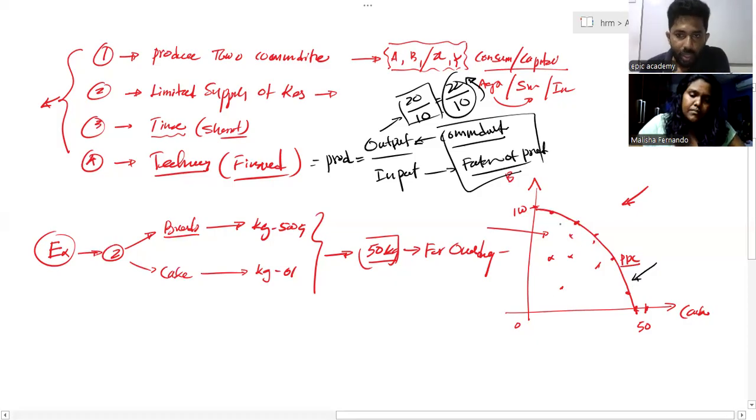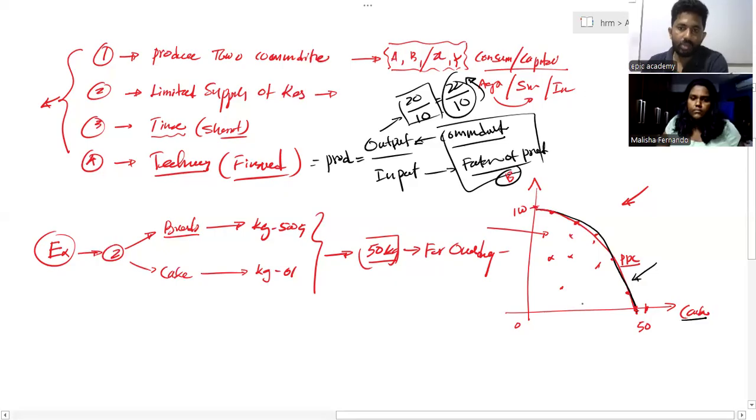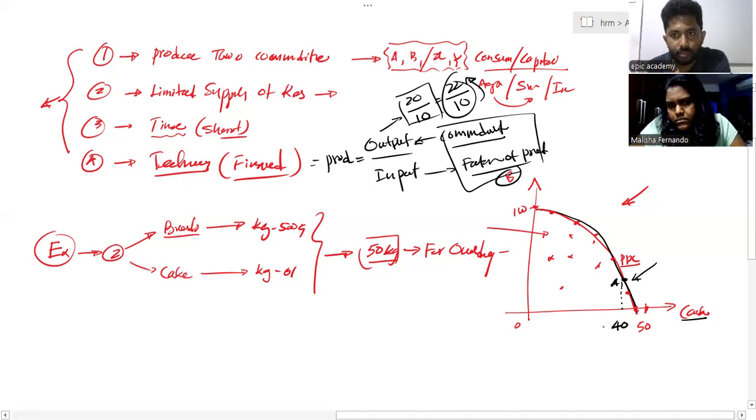Right. So this is the maximum combination of bread and cakes which we can produce. Just consider the production point is A. I will draw the concept. This is the point we call A. Here, you are going to produce only 40 of cake.